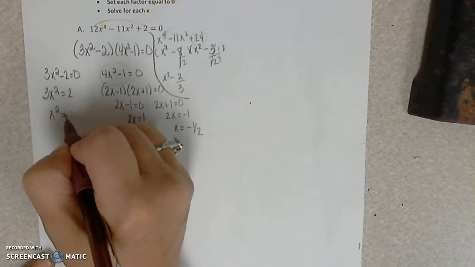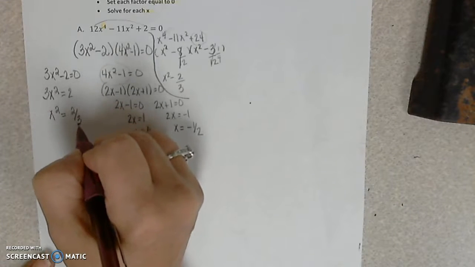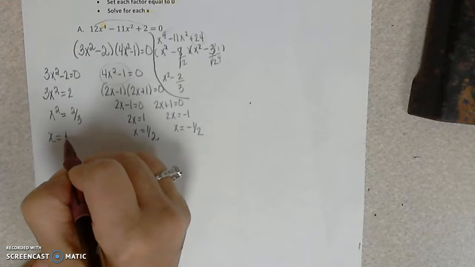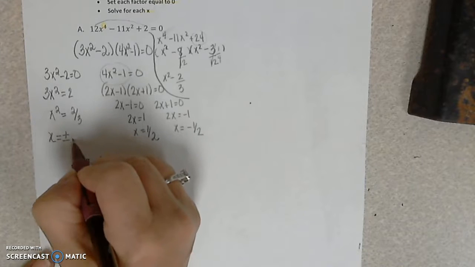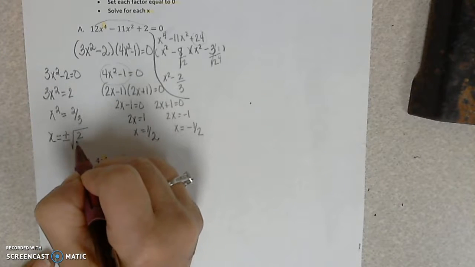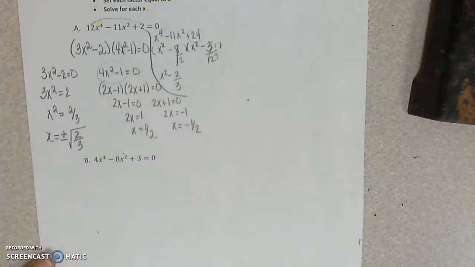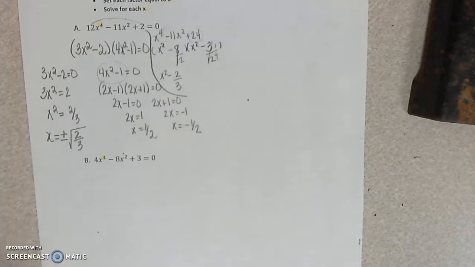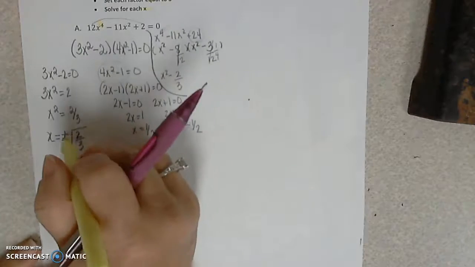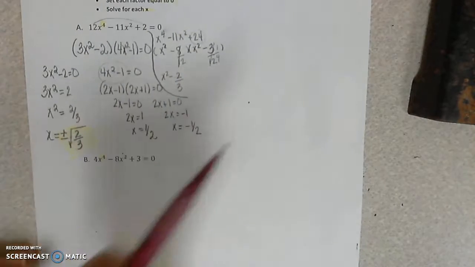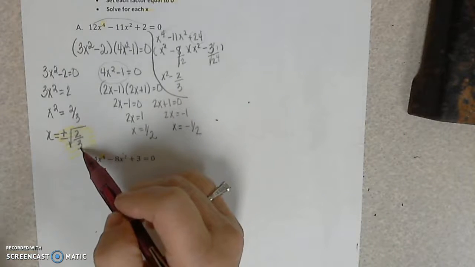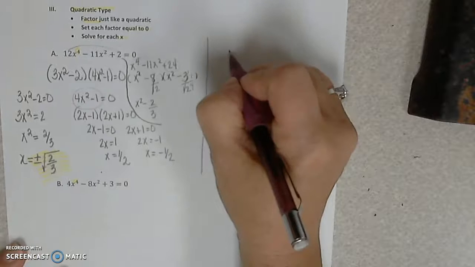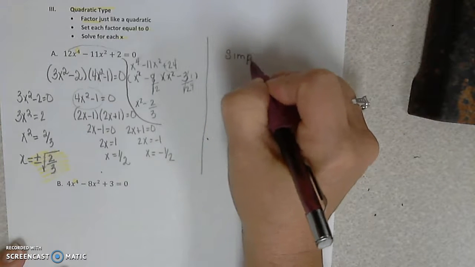And if x squared equals 2/3, then x would be plus or minus square root of 2/3, right? And there's your 2 solutions there. Now this little booger right here, you can't leave a radical on the bottom, right? So we have to simplify it when a radical is on the bottom.